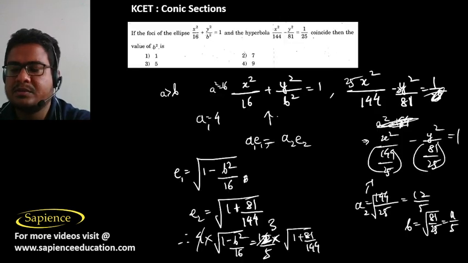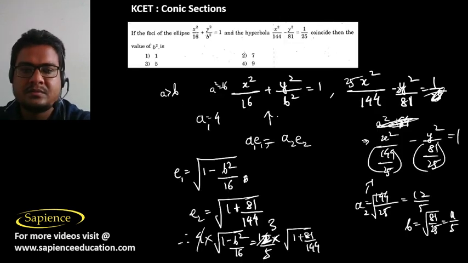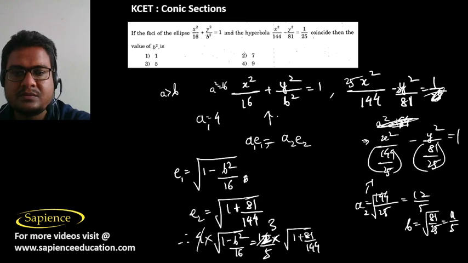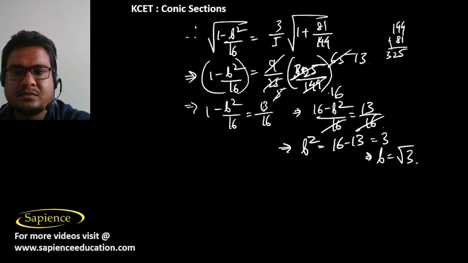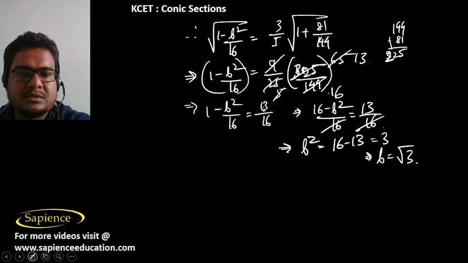One minus b square by 16 is equal to 3 by 5, 9 by 25 into, this is 144. So 12. So this is, sorry, this will be 225. There is something wrong here.